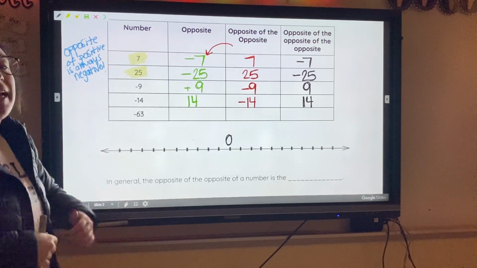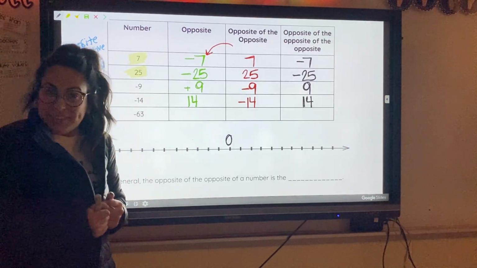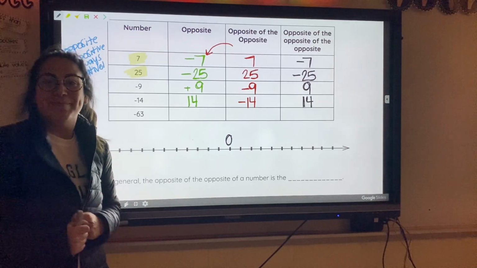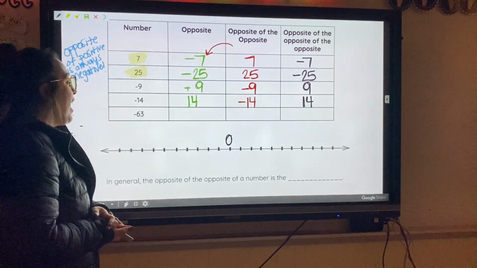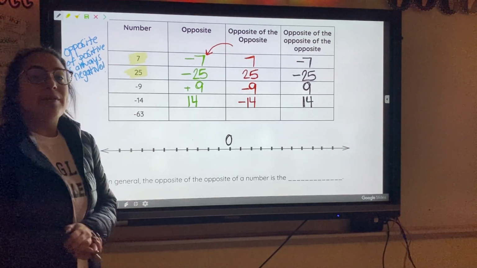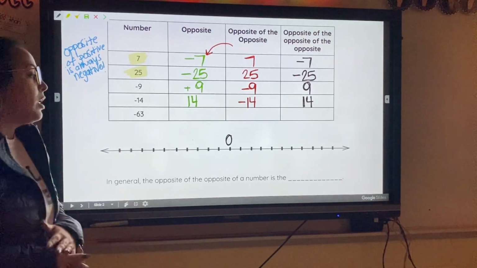So I have negative 63. Now I know for a fact, I do not have 63 tacks. So I will not be counting by 1. And I also don't think I'm going to count by 5s. So instead, I'm going to count by 10 to get to 63.